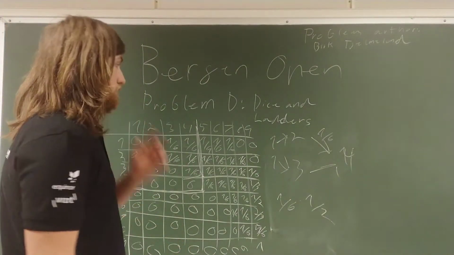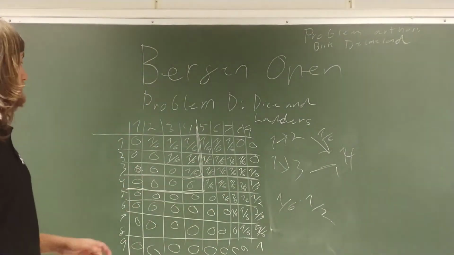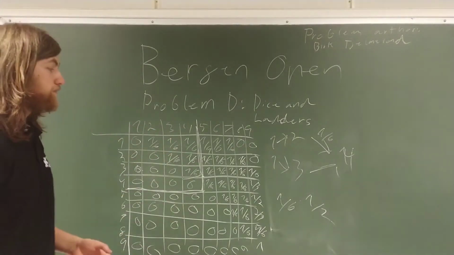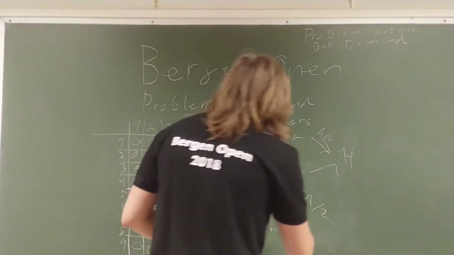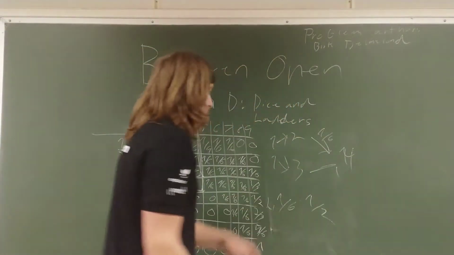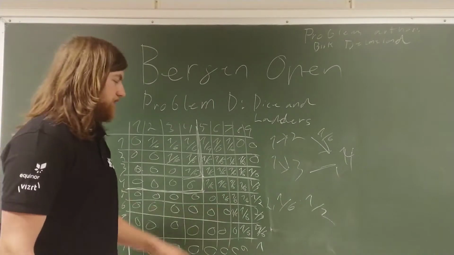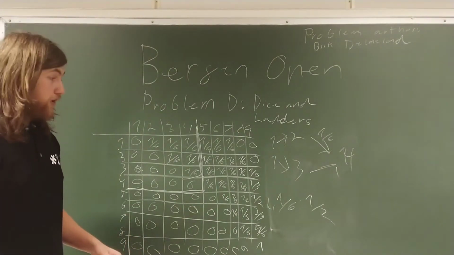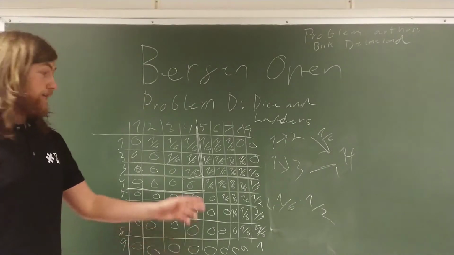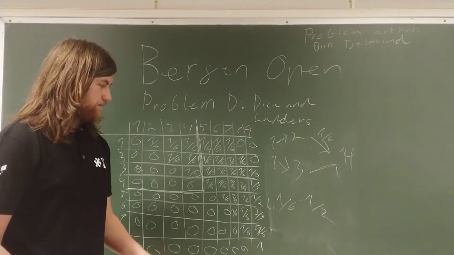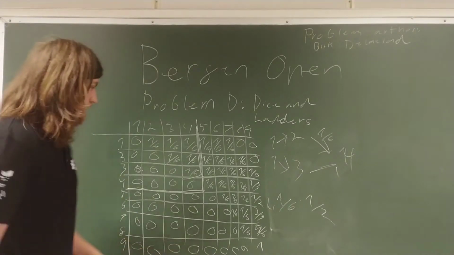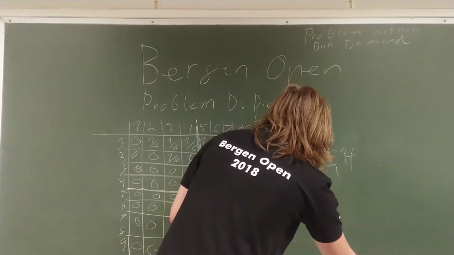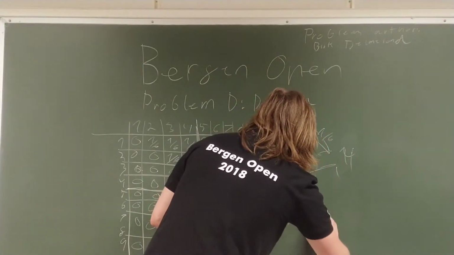So the total probability of going from cell 1 to cell 4 using exactly 2 dice rolls is 2 times (1/6) squared, which is 1/18. Yes, so the answer in this case is 1/18.